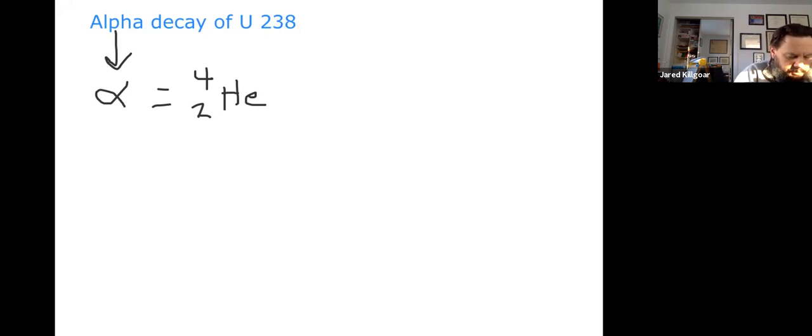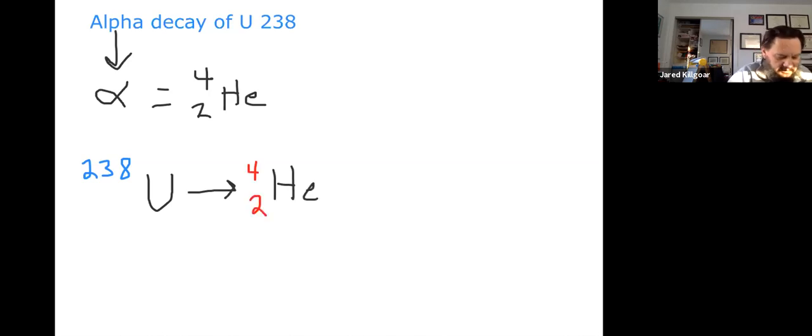So we start off with uranium 238. I'm going to do the mass numbers in blue and the atomic numbers in red. We have 4-2.